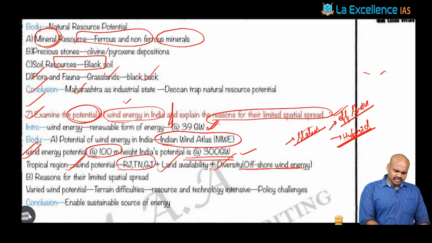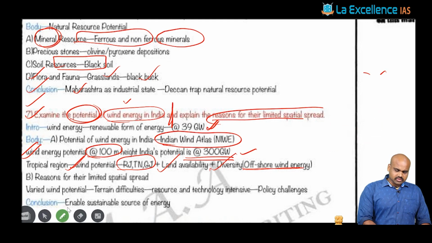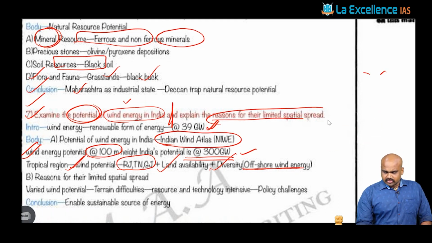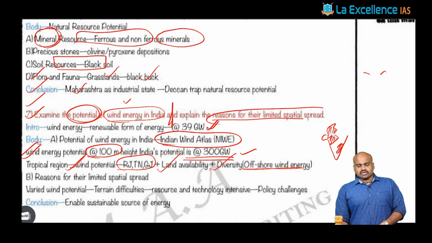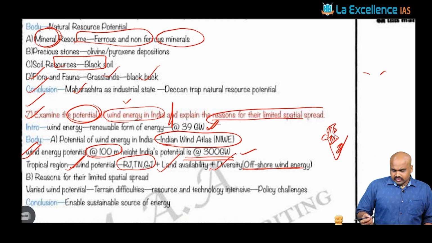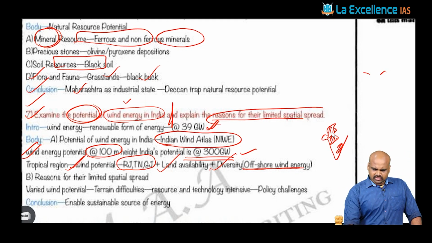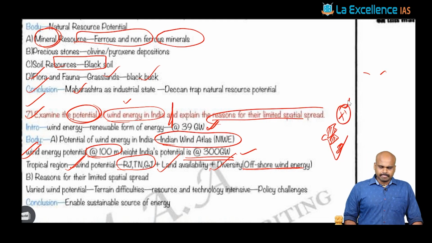Now here you could have simply drawn one kind of map with respect to wind energy, indicating the potential of the wind energy. We could have talked about these particular regions being very well known or endowed with large potential of wind energy. That could have been a simple kind of indication, because this adds to the +1 strategy that we generally discuss as part of Lapse Purana, right?